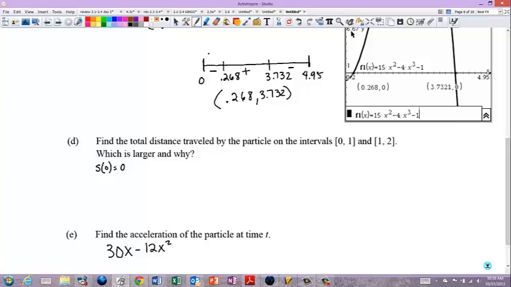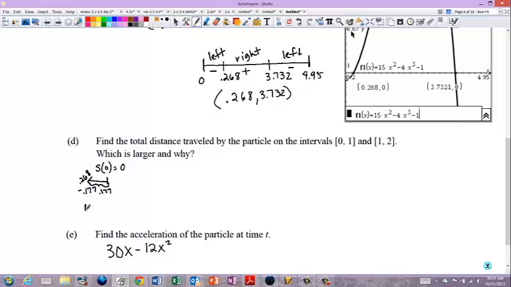He's moving to the left, then moving to the right, and then moving to the left again. So he moves to the left until he gets to 0.268. If you plug 0.268 in, you get negative 0.177. So the distance he's traveled so far is 0.177.